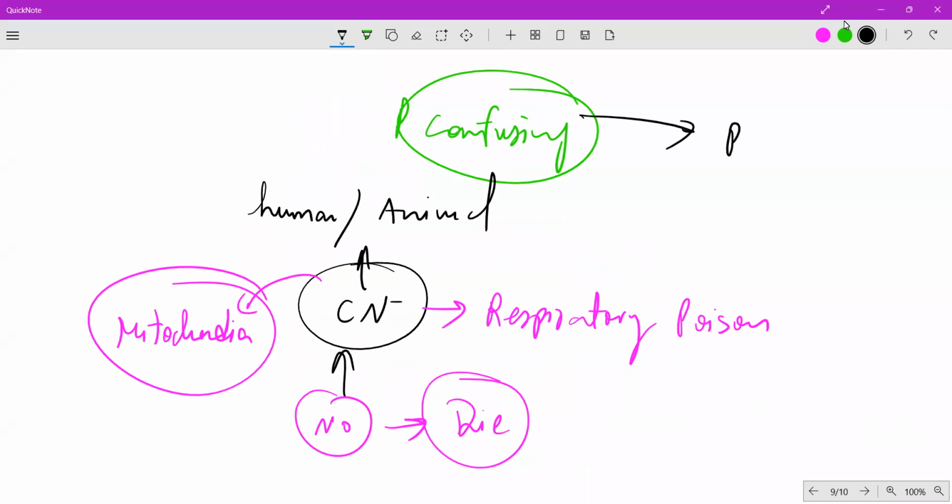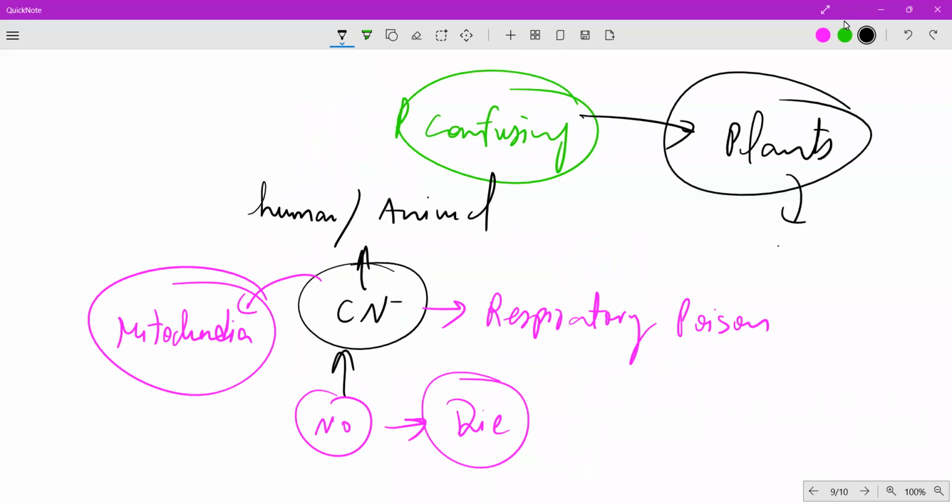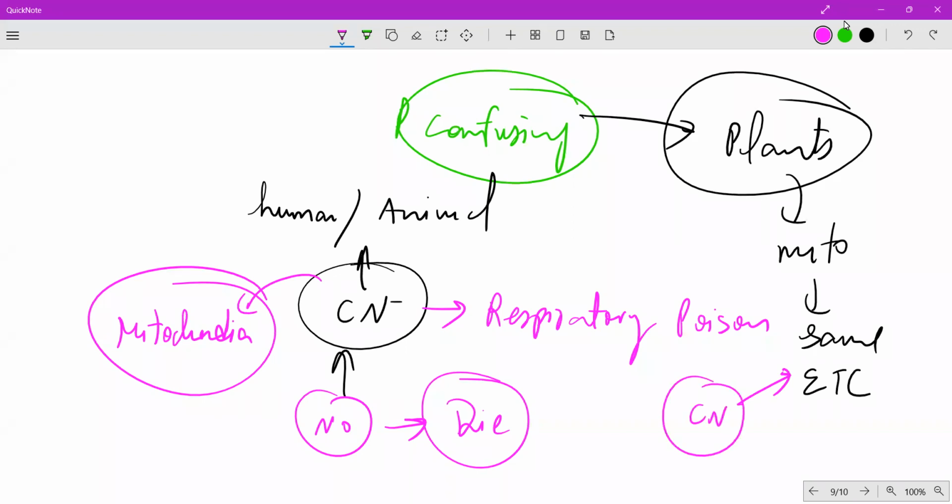We also have plants. Plants also have mitochondria. They have the same ETC, the same electron transport chain is present here also. But the problem is, when I treat plants with cyanide, plants don't die.